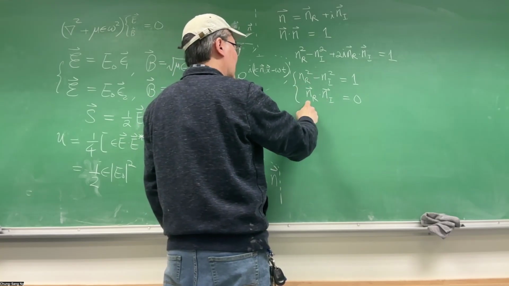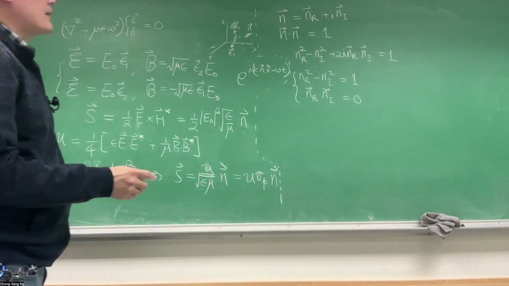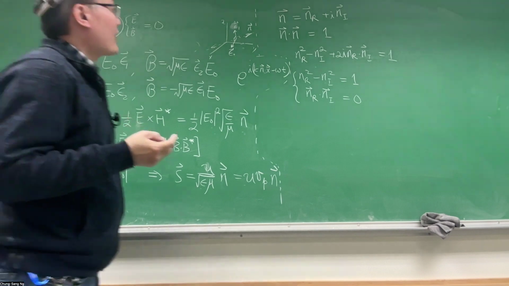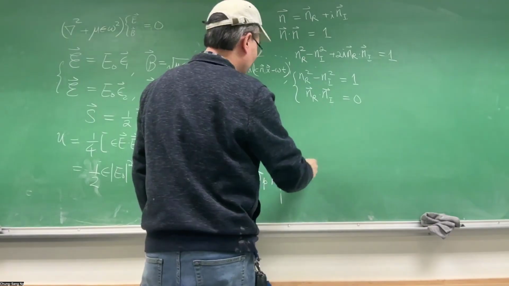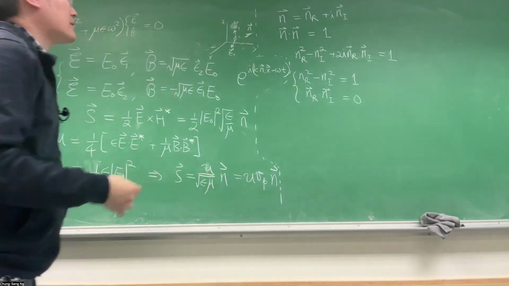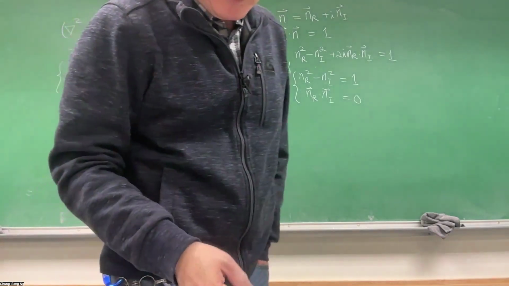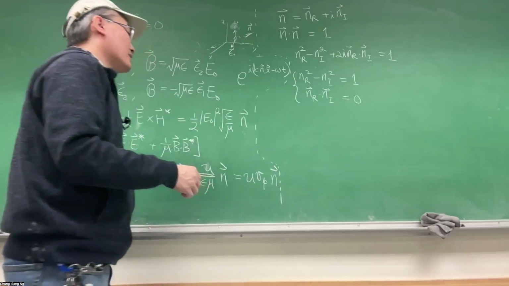And another conclusion is these two parts are perpendicular to each other. So if N_R is representing the propagating direction, N_I is the direction along which the magnitude changes, and you can see that the magnitude can either increase or decrease.